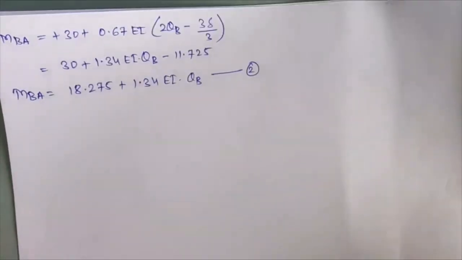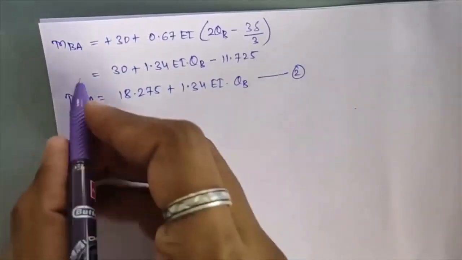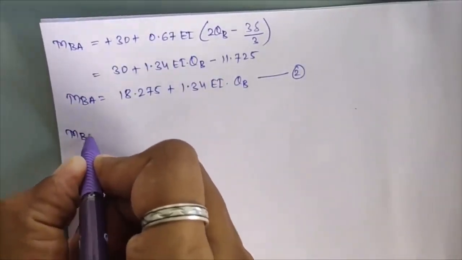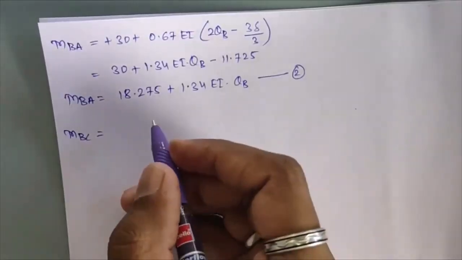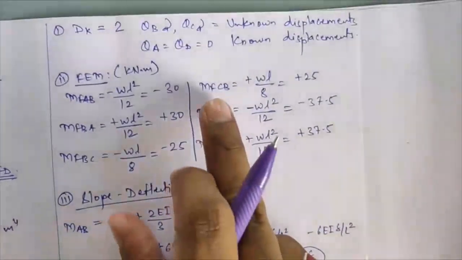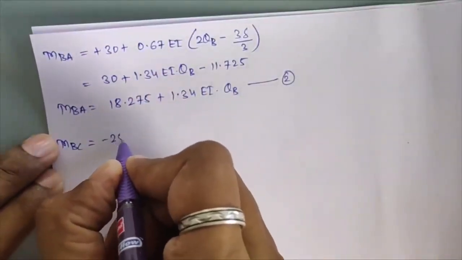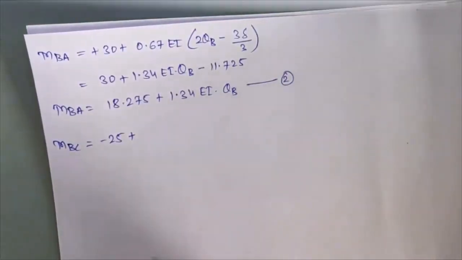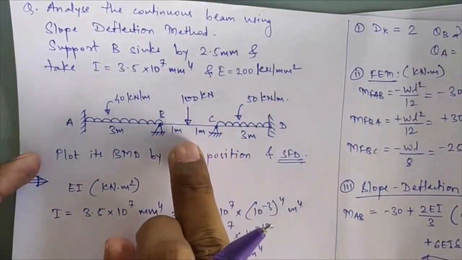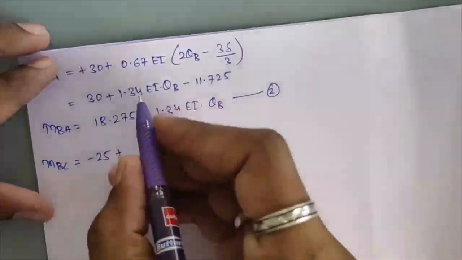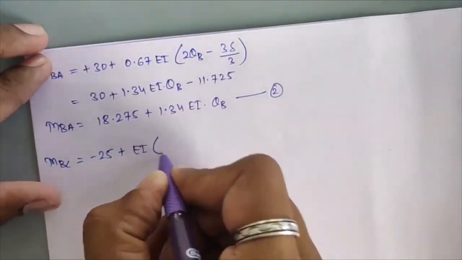Okay, we'll proceed to the next member now, that is MBC. MBC is equal to MFBC. So MFBC I'll get as minus 25, plus 2EI upon L. L of member BC is 2, so 2 by 2 will become 1. So simply EI I'll write here into bracket.